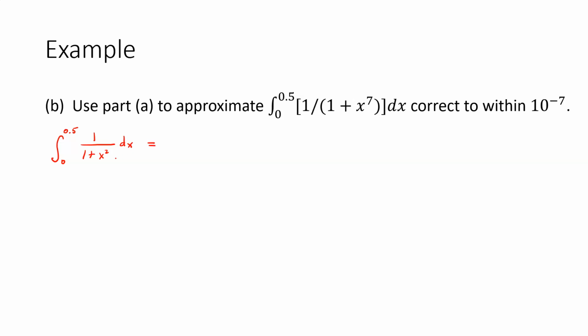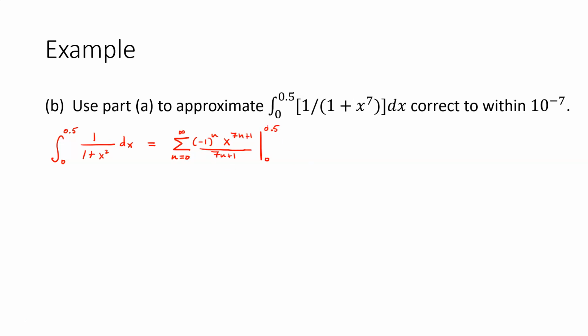Well, using the work that we did in the previous step, we integrated 1 over 1 plus x squared as a power series, and it was something of the form negative 1 to the n, x to the 7n plus 1 over 7n plus 1. And now we'll evaluate from 0 to 0.5.